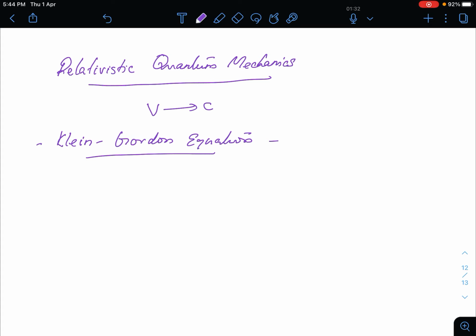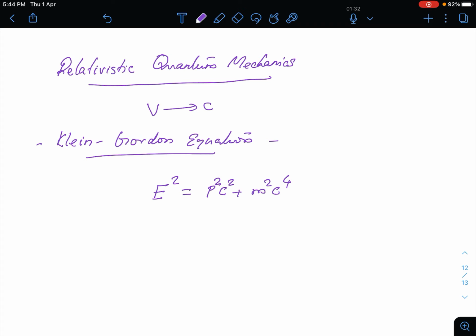We know that the energy in relativity is usually expressed as: the square of the energy is p square c square plus m square c raised to 4, where m is the rest mass.